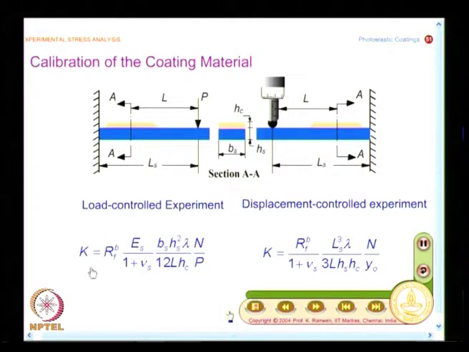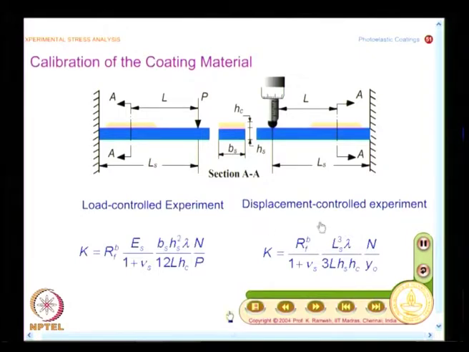So, in the load controlled experiment, I get the strain coefficient K as R of B, Young's modulus of the specimen divided by 1 plus nu s, B as h s squared into lambda, which is the wavelength of light used, divided by 12 L h c, and n by p, which has to be determined from the experiment.